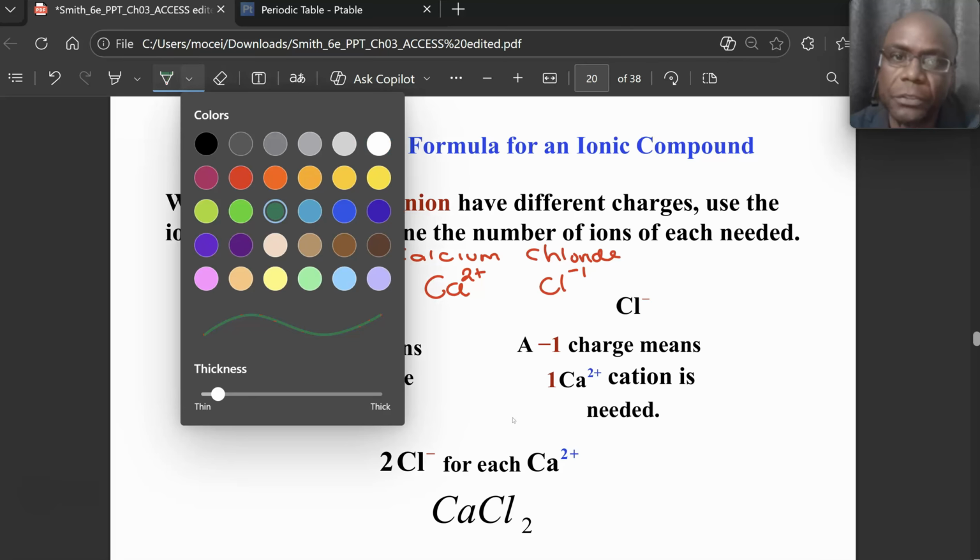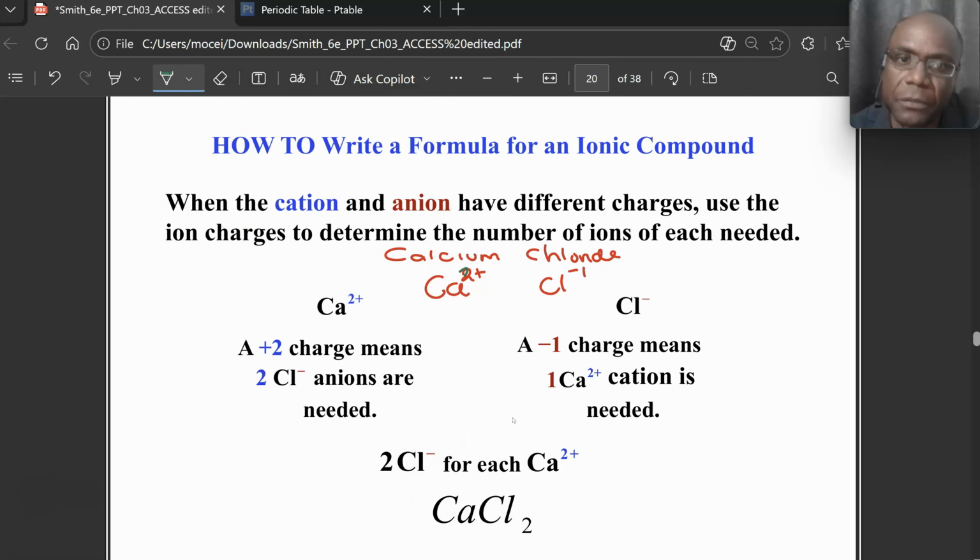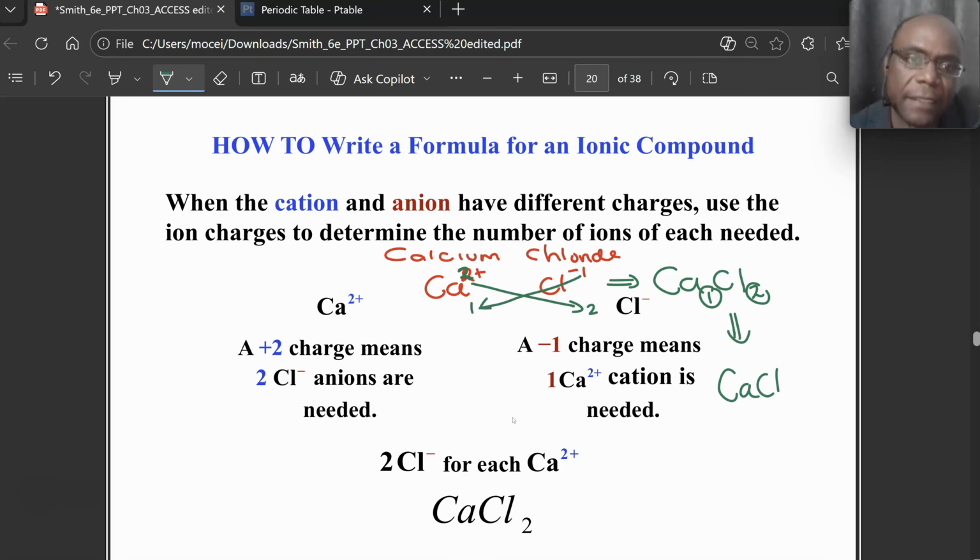The formula I showed you was to drop the absolute values of the charges, drop the 2 and drop the 1. This will give me Ca1, Cl2. We imply the 1, we know it's there. It just tells me that I have 1 calcium and I have 2 chlorides. So the formula will be CaCl2, which is what you have here.